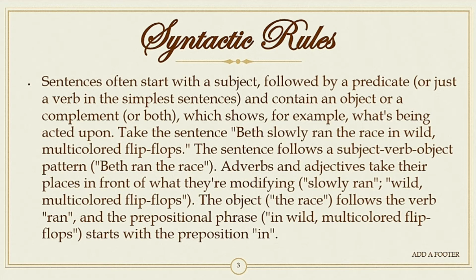Beth ran the race. Adverbs and adjectives take their place in front of what they are modifying. Slowly ran, wild, multicolored flip-flops. The object, the race, follows the verb ran, and the prepositional phrase in wild multicolored flip-flops starts with the preposition in.